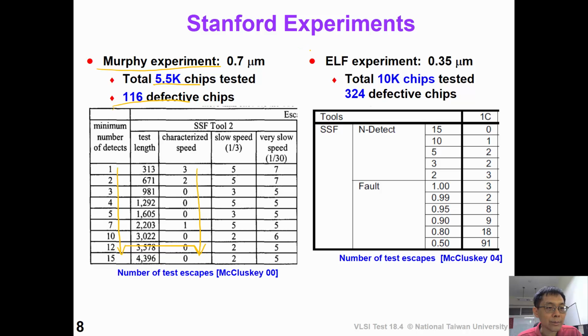A similar experiment on 0.35 micron has been performed. In total, 10,000 chips were tested and 324 of them were found to be defective. Similarly, if we increase the number of N, we can see the number of test escapes reduced.